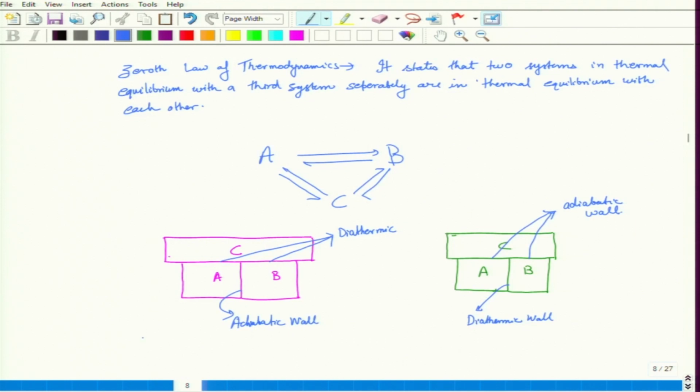So if A and B are separately in equilibrium with C, then TA should be equal to TC and TB should be equal to TC, which implies that TA should be equal to TB.